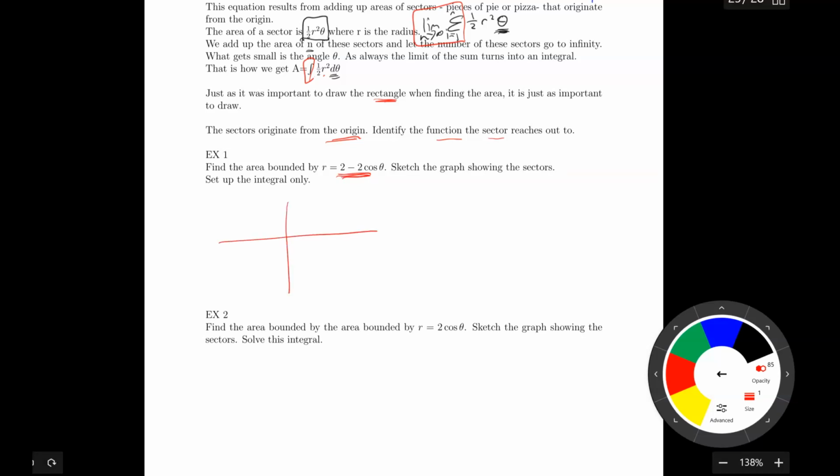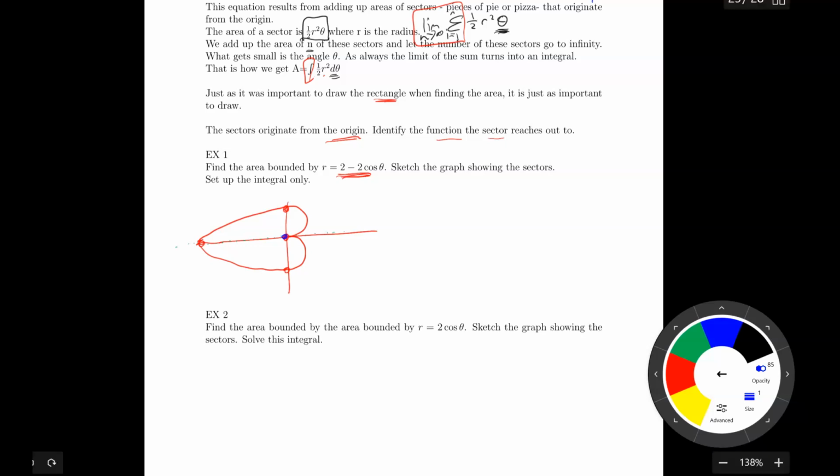I know it's at 0 and 2, and out here at 4, and I just get the picture. I just plot a few points in my head. You can use a calculator. I recognize that it's symmetric with the x-axis. I'm happy, that matches.